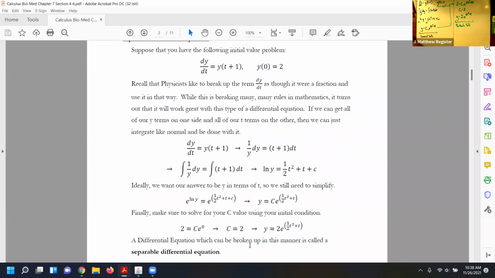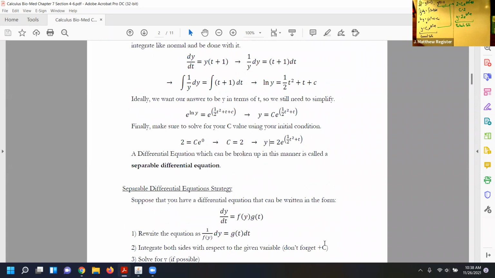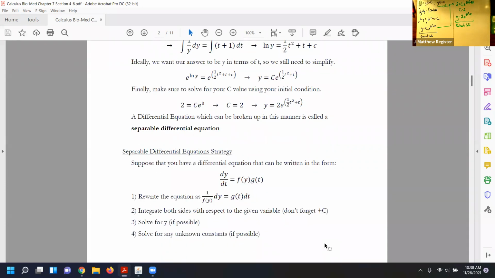A differential equation which can be broken up in this manner is called a separable differential equation. Of course, not all differential equations are separable, and that's one of the challenges. This separable approach is really the easiest one out there, next to just integrating straight away for a pure time differential equation.